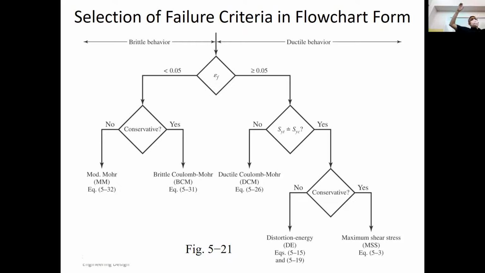So it starts by looking at whether my part is made of ductile material or a brittle material. Ductile material typically will fail at an elongation strain that is greater than 5%.